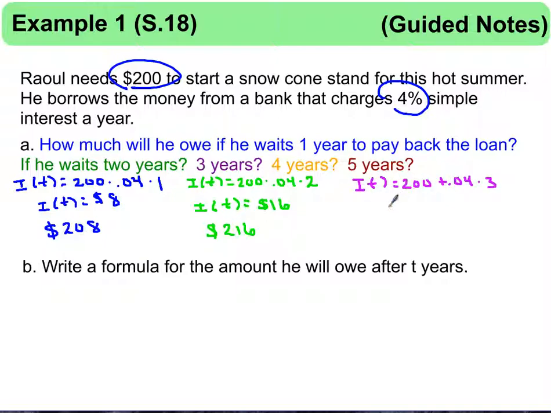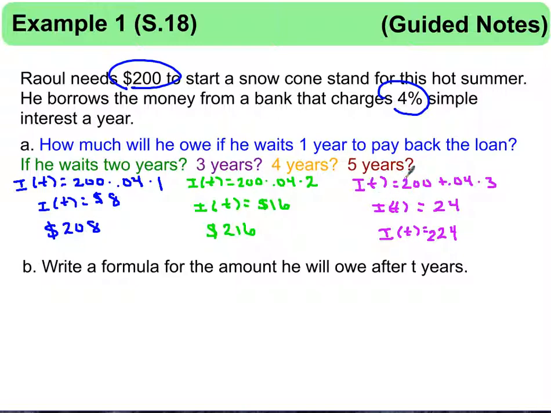And so when I solve my I(t), I'm going to end up with $24. And that means I would owe $224.